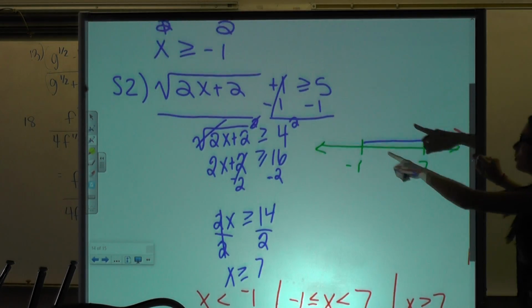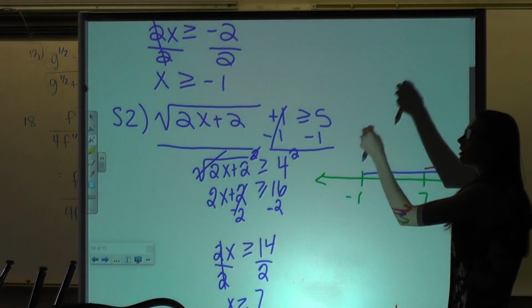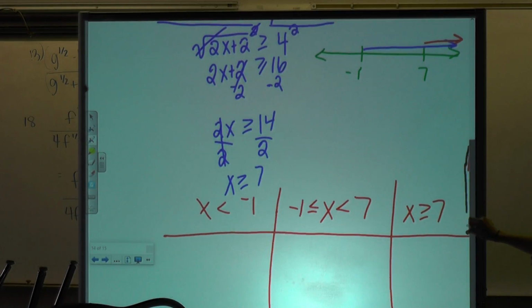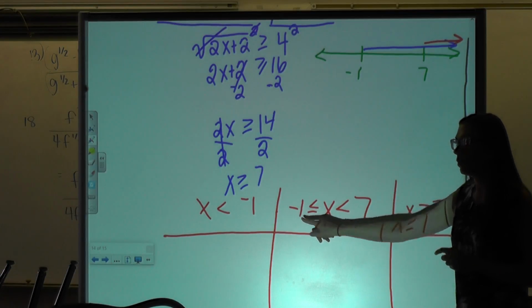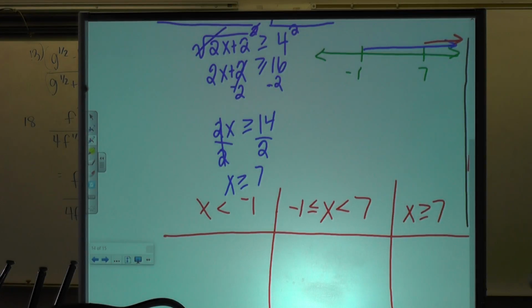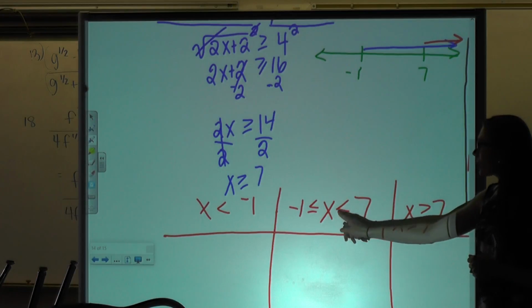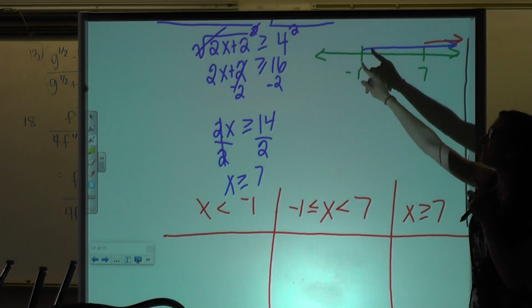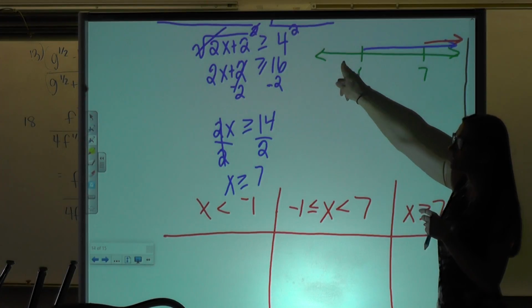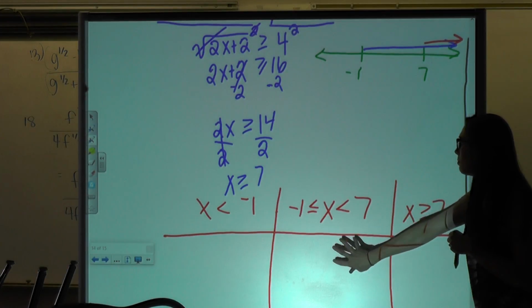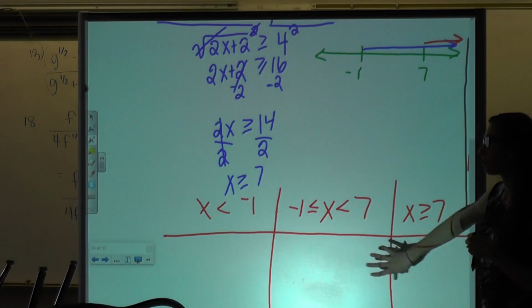This tells you that x has to be greater than or equal to -1, so you have to have that somewhere in there as well. The reason it goes to less than 7 is because if both of these intervals work, like it says in step 1 and step 2, then both of these will be our answers.